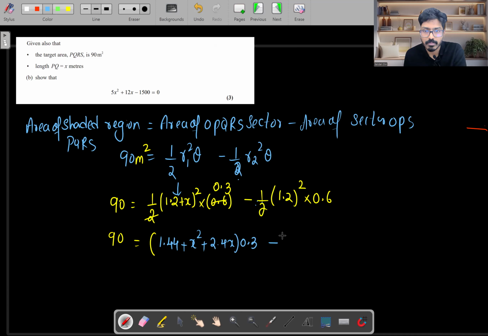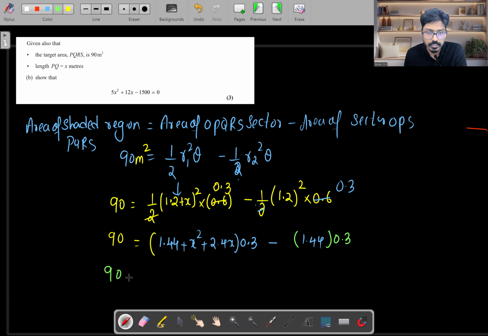And then we can multiply with 0.3, minus half of 1.2 square, which will be again 1.44. So I can divide this, and then we can get 0.3, so that I can erase this division part. So this would be minus 1.44 multiplied with 0.3.